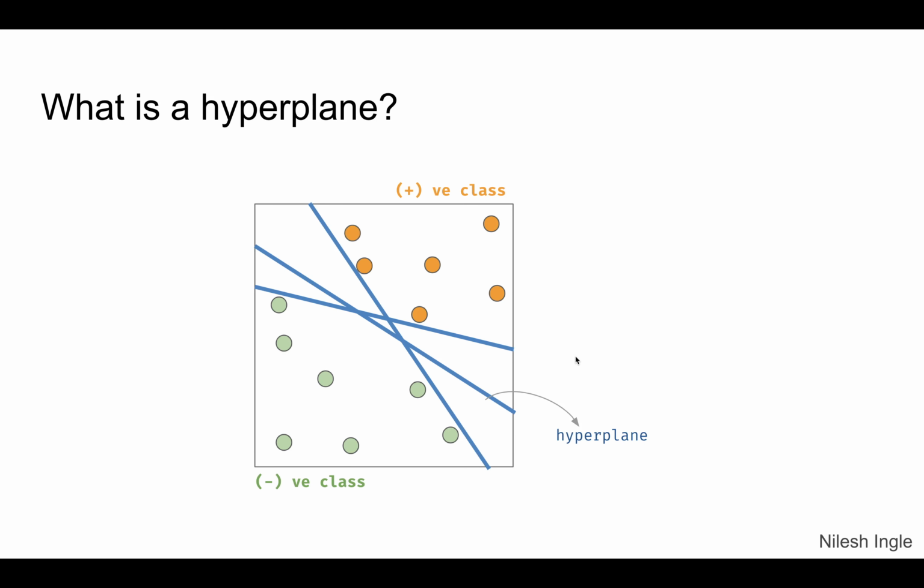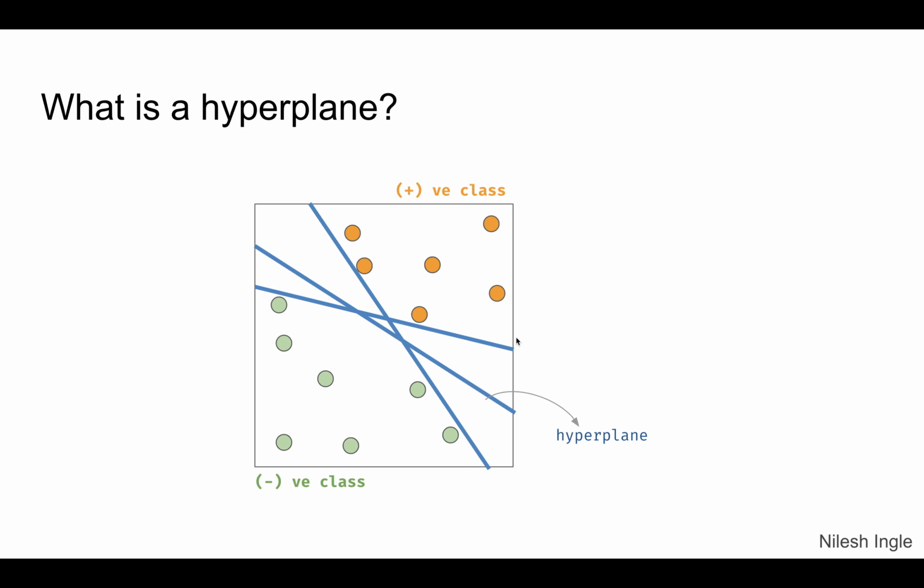So, what is a hyperplane? As we can imagine on this particular plot, let's say we have these orange data points and some green data points, and we need to separate these two classes. We can draw straight lines through this plot so that we can separate them.